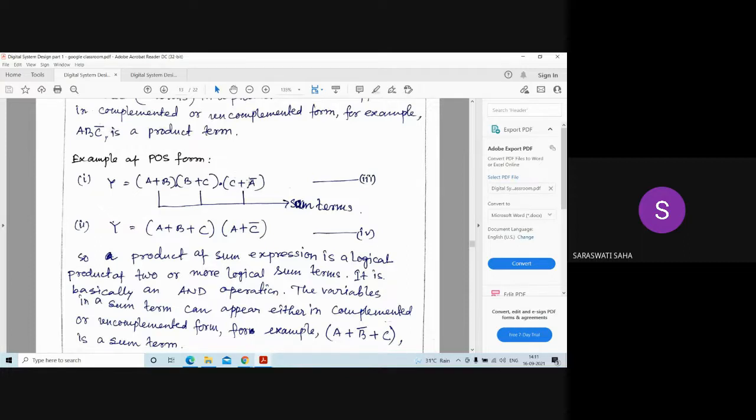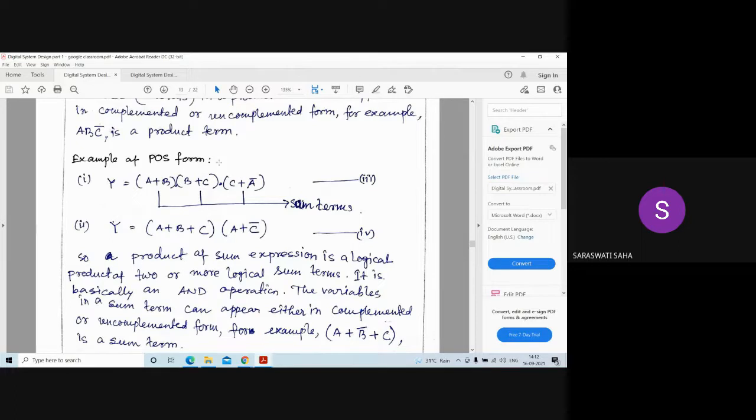Then these three OR terms are in product form, or dot, between them, logically ANDed.